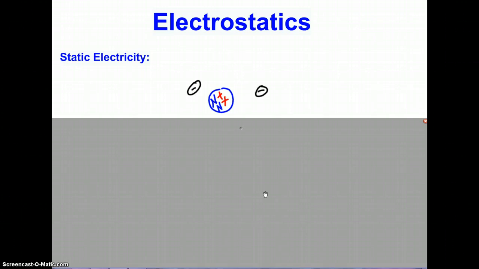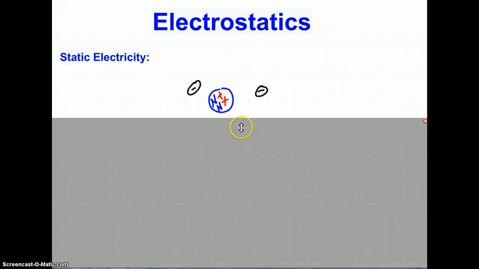So static electricity simply has to be the absence or excess of electrons on a material, since electrons are the only free charge carriers that can move in a solid substance. Okay, that is really, really important.